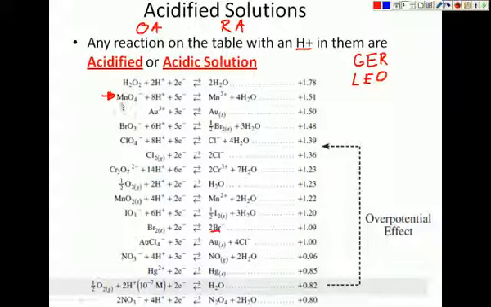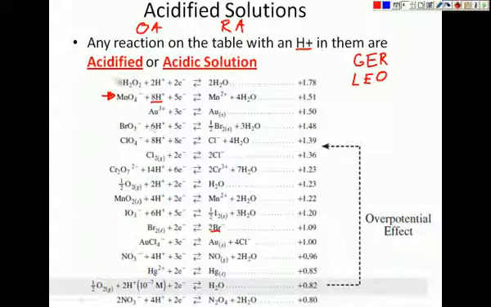So if you have MnO4 minus, you have to have some HCl in the solution, or maybe some H2SO4, or some nitric acid, HNO3. You have to have some kind of acid in the solution to provide the H+ ion.